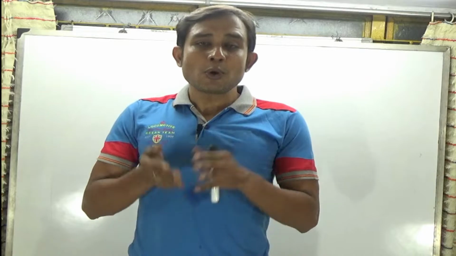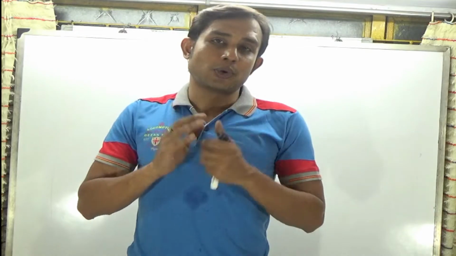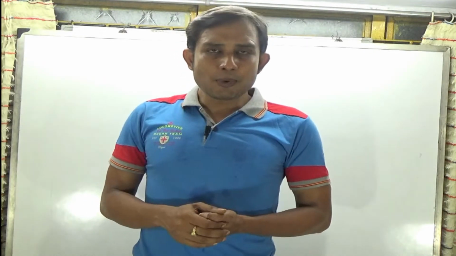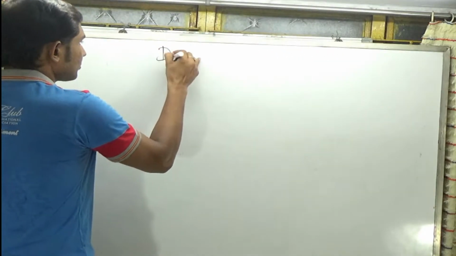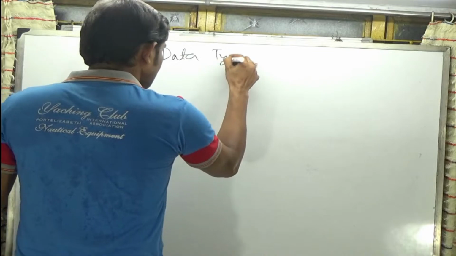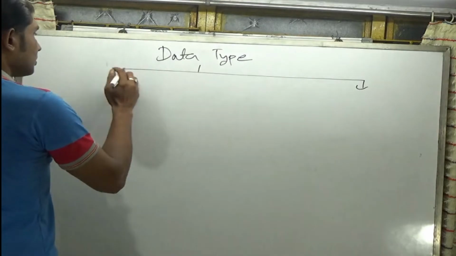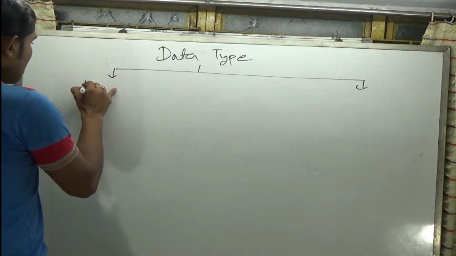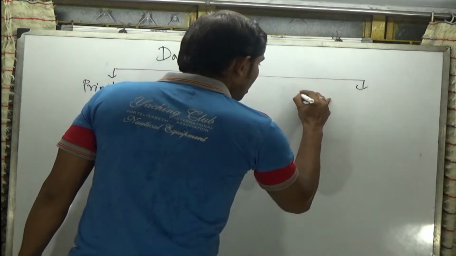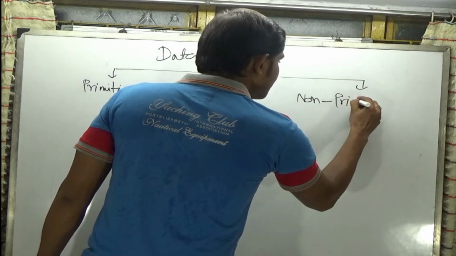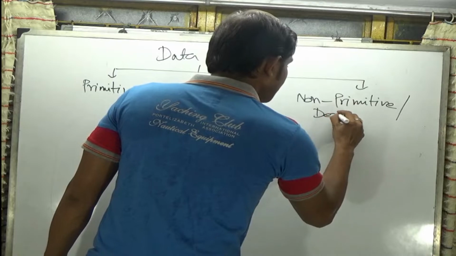By the data type concept, we can depict what kind of value is actually stored in a particular variable. In the Java programming language, there are two types of data types. One is primitive data type, and another one is non-primitive or derived data type.